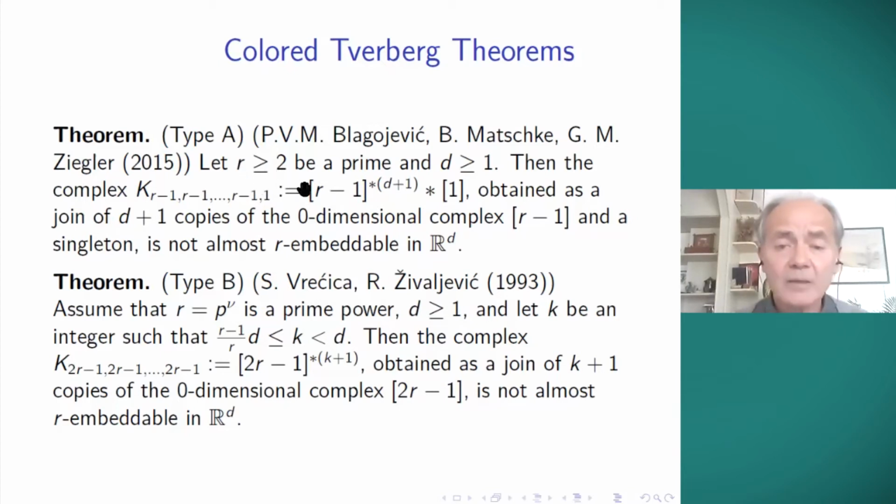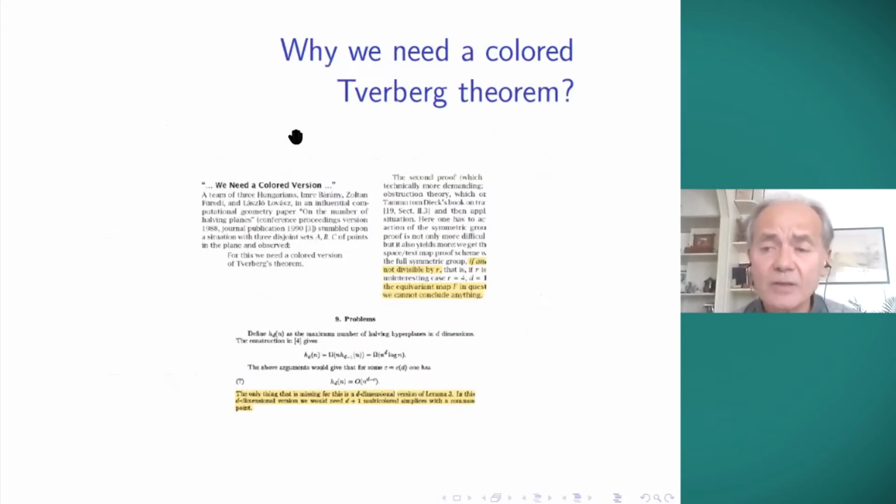So that's a major open problem. On the other hand, what about prime powers? Is it possible that this theorem actually holds for prime powers? So these are questions that I wanted to keep in mind.